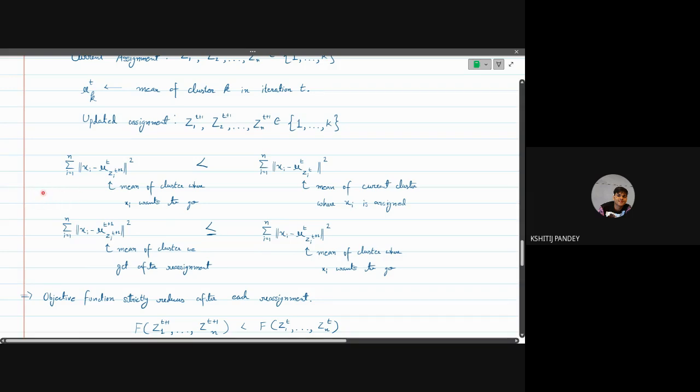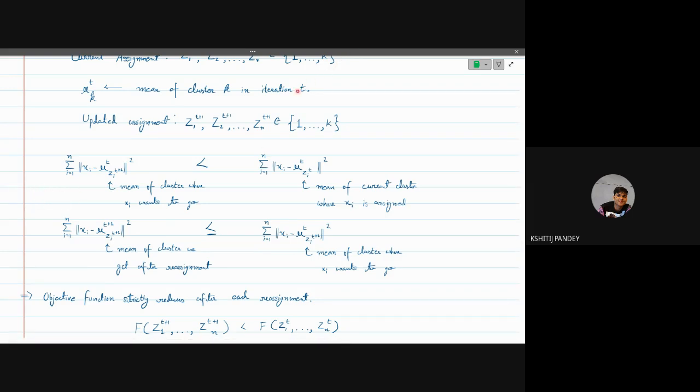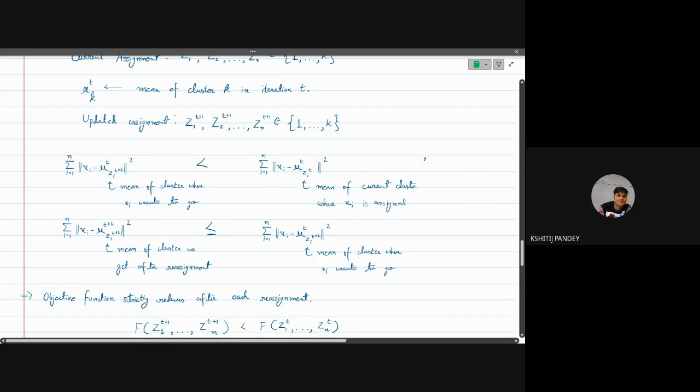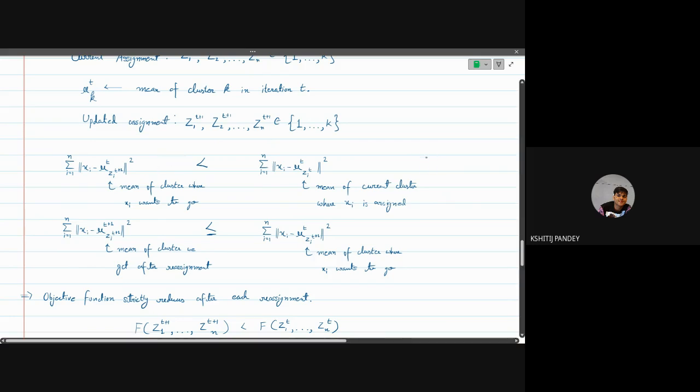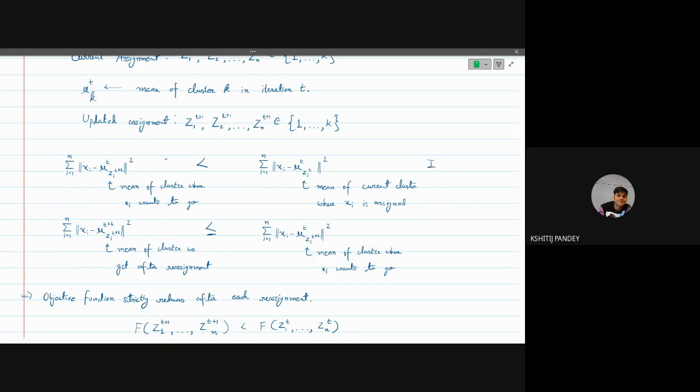So now we know that at iteration t, this is the value of the objective function, and at iteration t plus 1, this is the value of the objective function. Let's say this is quantity 1, quantity 2, and this is quantity 3.